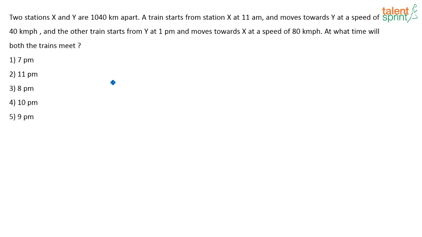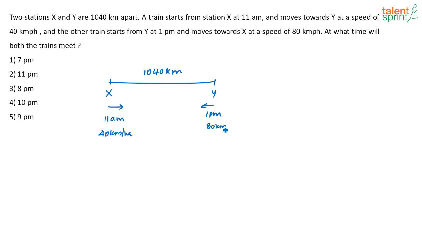So what is given here? There are two stations, one station X and another station Y, and these two stations are 1040 kilometers apart. There is a train that starts from X at 11 AM and moves towards Y at a speed of 40 kilometers per hour. Now there is a train that starts from Y at 1 PM and moves with a speed of 80 kilometers per hour.